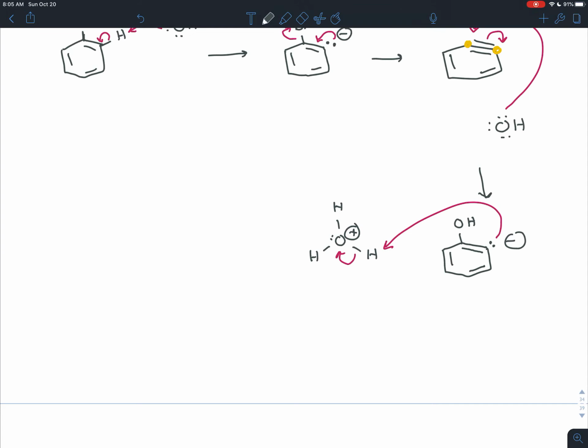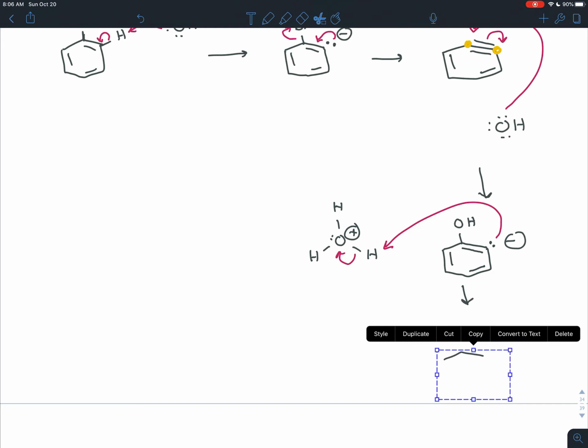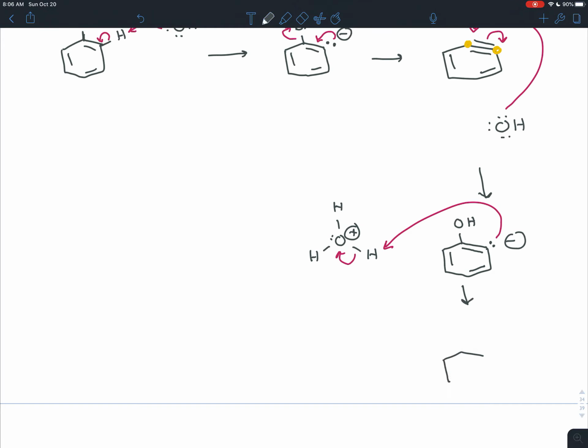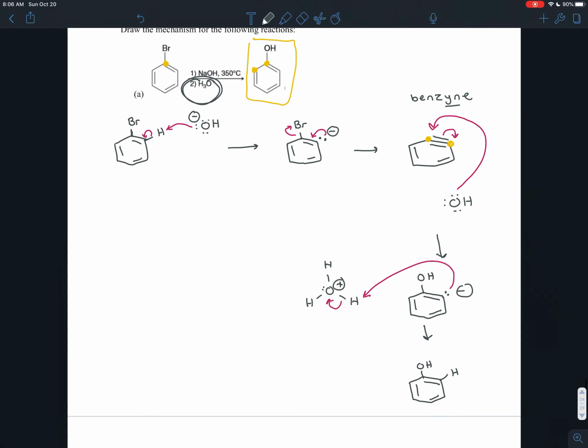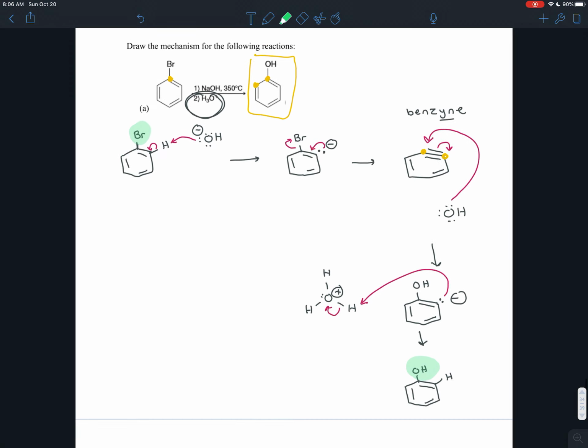The electrons here that were going to the hydrogen, those go onto the most electronegative thing nearby, the oxygen, and so you end up with your product. So notice the net effect is that you've just replaced the bromine with the OH.